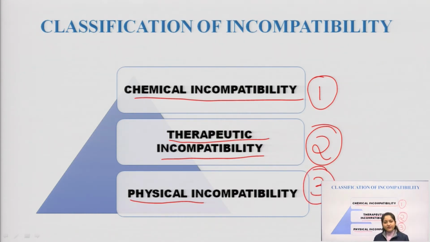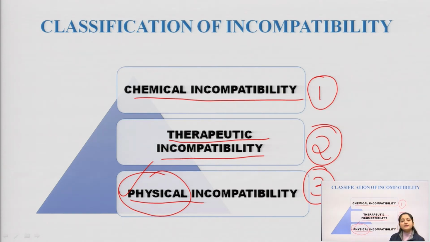The classification is done by understanding at which stage the incompatibility occurs. If the incompatibility has occurred physically, it is definitely physical incompatibility.